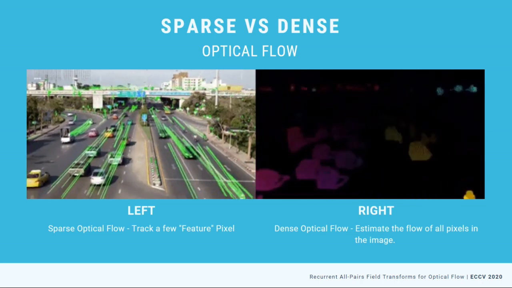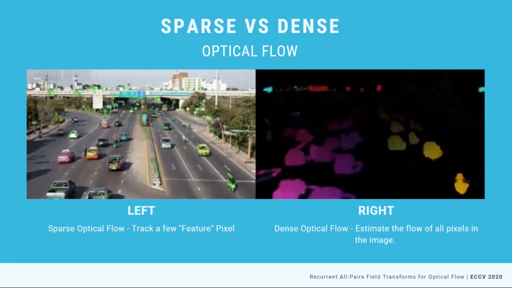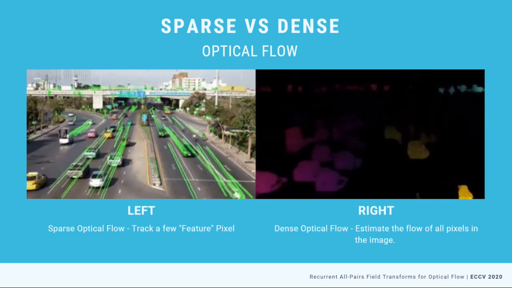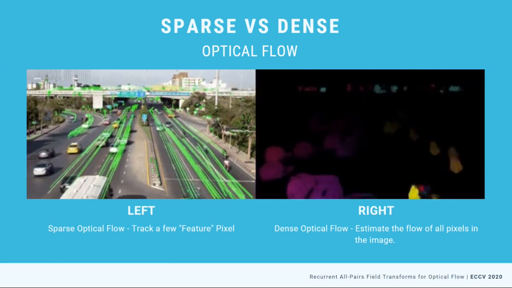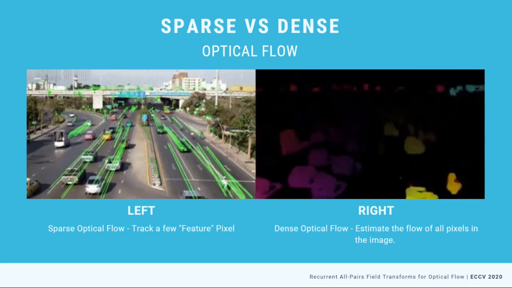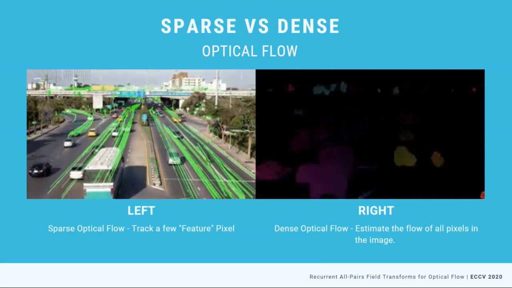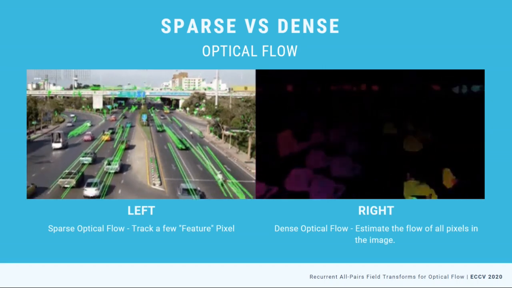But dense optical flow is more computationally expensive because we predict the flow of all pixels, but it definitely has more fine-grained features. RAFT mainly focuses on dense optical flow.